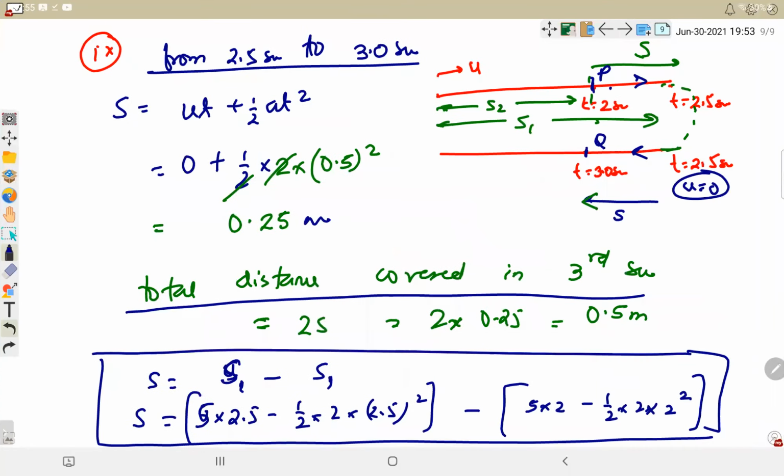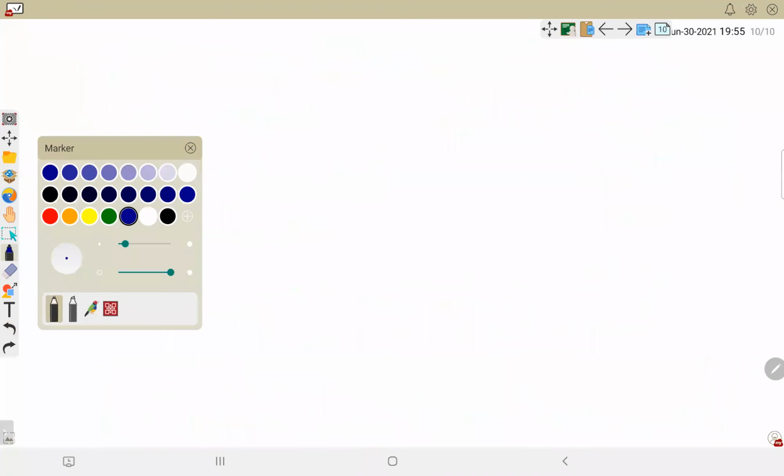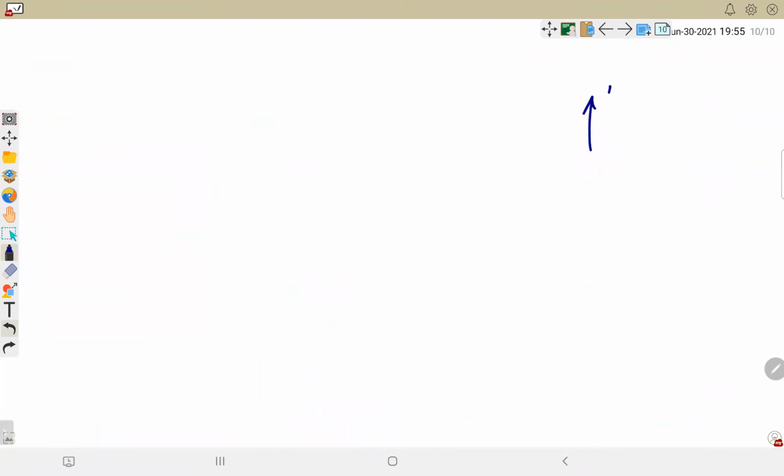Okay, C only. Because here the velocity is in north and retardation is in south, so that means it is a retardation. We use ut minus half at square.